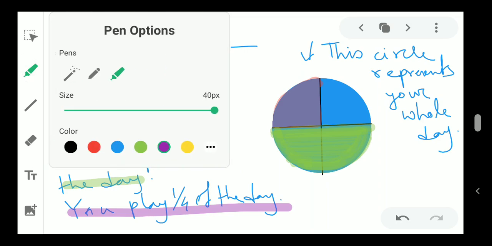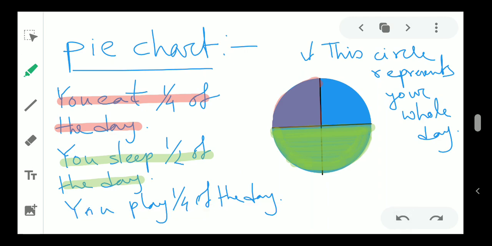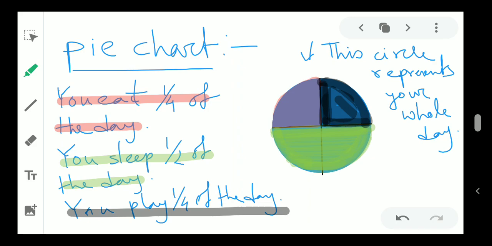You can show that using any color. Let's choose black. So playing we are showing with black. It shows how much I have played.